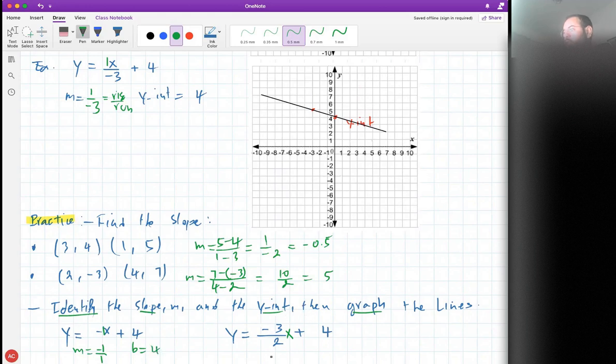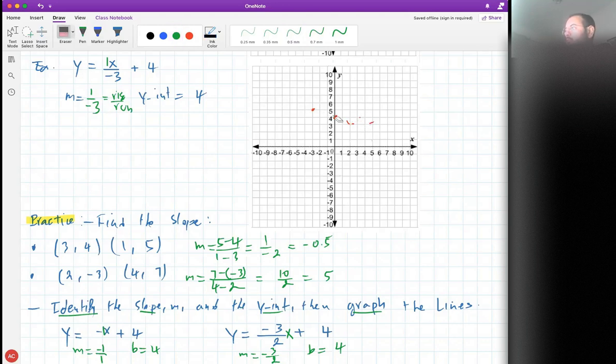That's right. Then for this one, what's the slope? Negative 3 over 2. It's already a fraction, so no need to make it a fraction. And the y-intercept is also 4. Now let's graph.